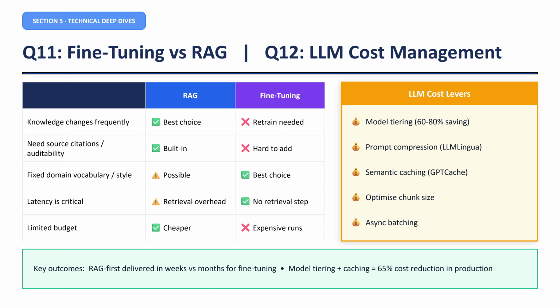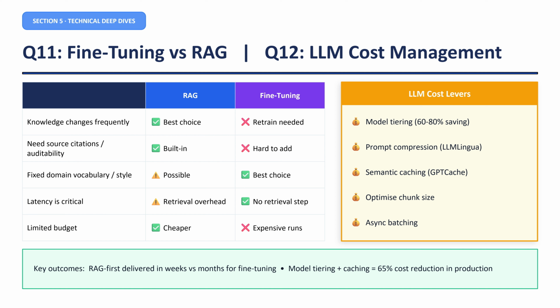Fine tuning is the better choice when you need the model to consistently adopt a specific output format or writing style, when domain vocabulary is completely fixed and won't change, when latency is critical and you cannot afford the retrieval step overhead, or when you genuinely need the model to reason differently, not just know more facts.